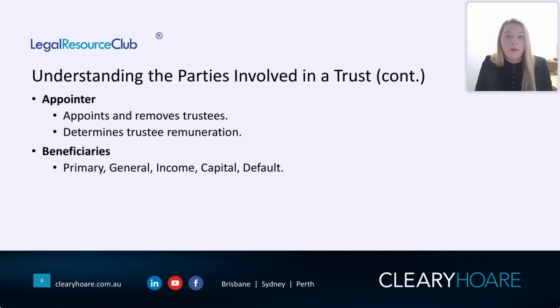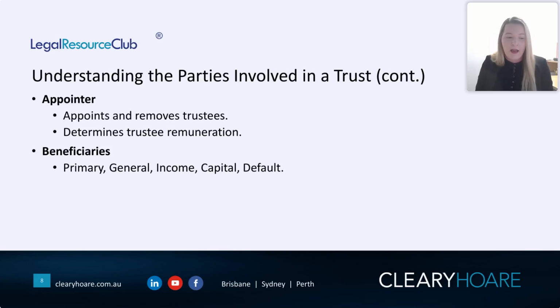Certainly in our bloodline trusts, for example, we normally limit the capital beneficiaries to the direct descendants of the primary beneficiaries. However, those capital beneficiaries can also receive income, whereas we expand the income beneficiaries to also include spouses and other family members of the capital beneficiaries.